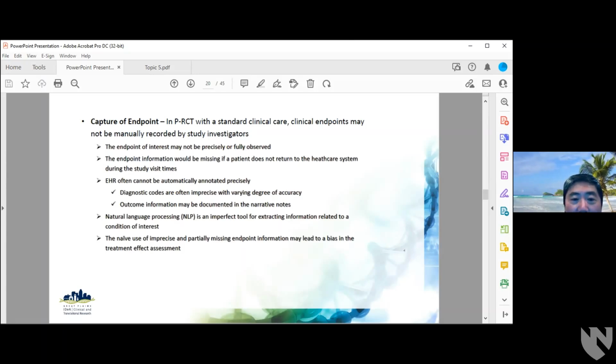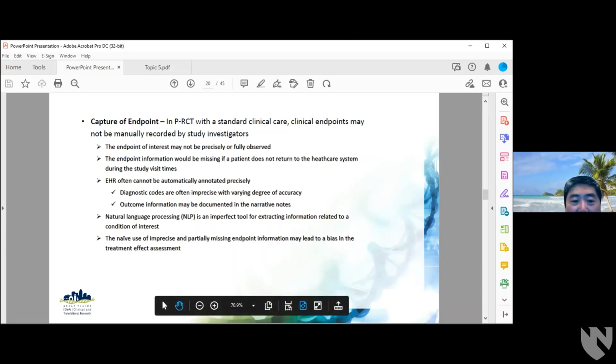But for the pragmatic trial, the data you're getting can be pretty messy if you're thinking about the data source. Sometimes we have to use the EHR. EHR data can expand the accessibility for the endpoints. But as you can see, the EHR can be imprecise.